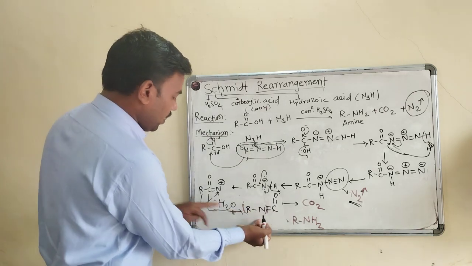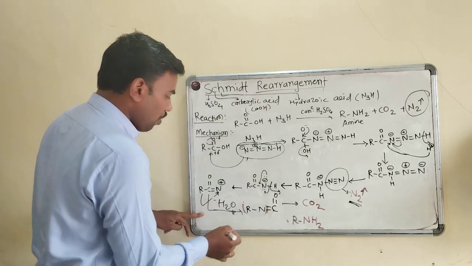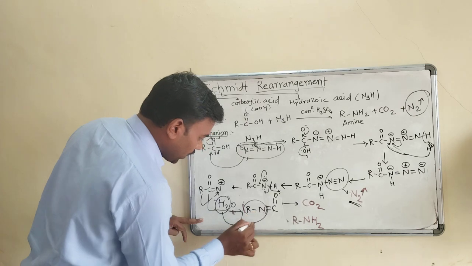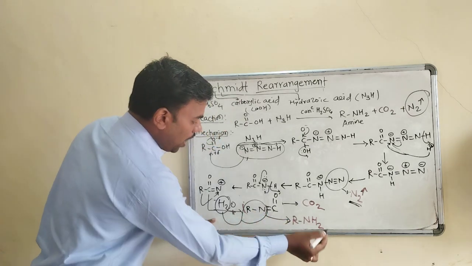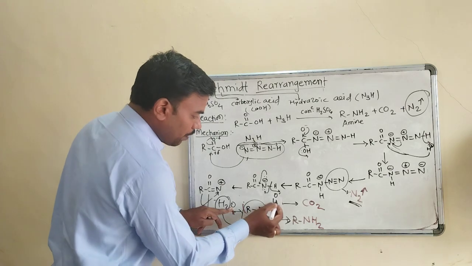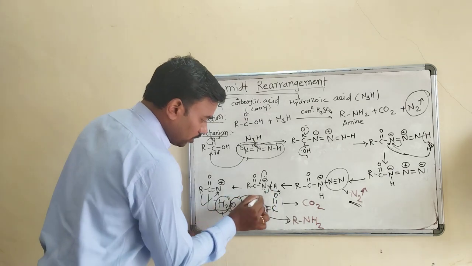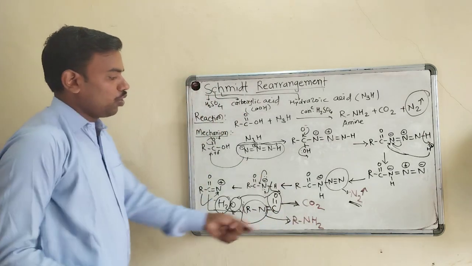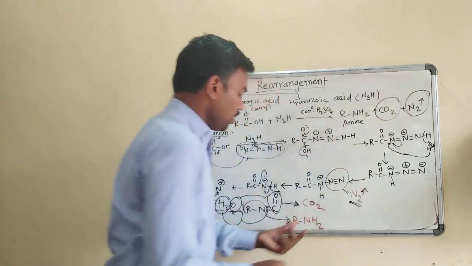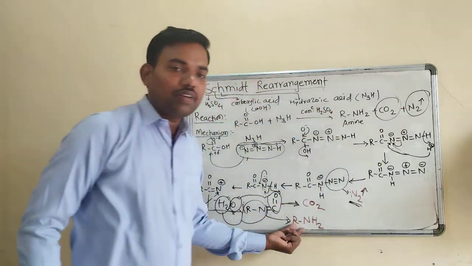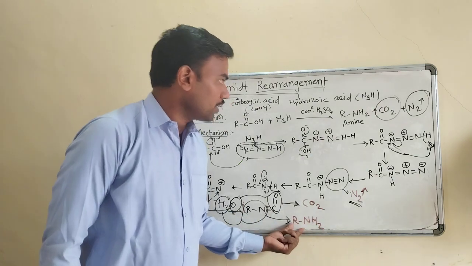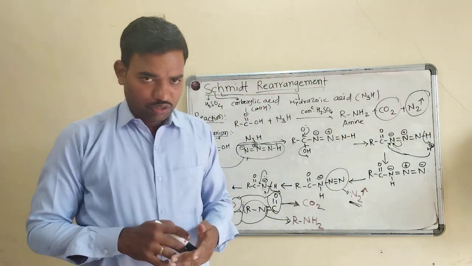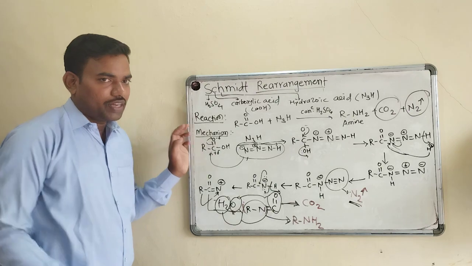So R N double bond C double bond O. This H2 joins with this RN, forming RNH2, and this oxygen and this carbon, this CO, will form CO2. So removal of CO2, second removal of RNH2, that is amine. So that is our product. RNH2 is getting formed, CO2 is getting released, and nitrogen is also getting released. So this is our Schmidt rearrangement.